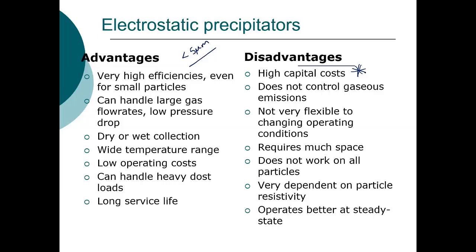Now, in some cases, you have a gas stream from which you need to remove gaseous contaminants, for instance, SO2. This is not going to remove SO2. It will remove the particulates, but it will not remove any gases like SO2, NO, NO2, etc. It is also not very flexible with changing operating conditions.